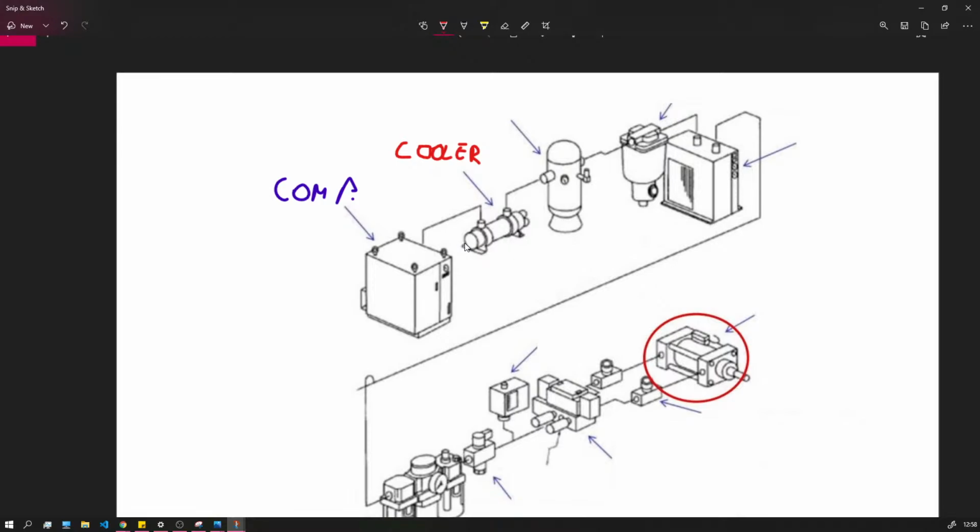If we cool the air, we are lowering the dew point, and if there is more water in the air than the dew point can handle, the water will condense out, so it will drop out of the air basically.